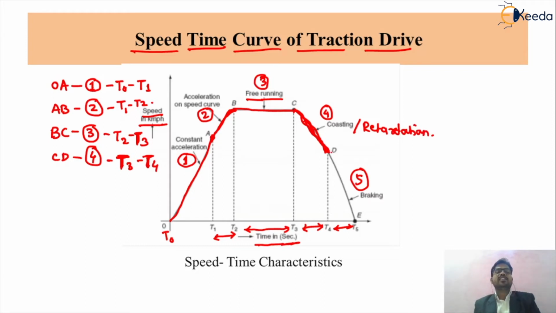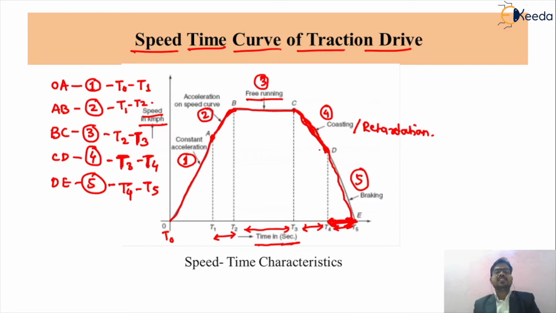Then after that, on the speed time curve, there is another region called DE. DE is the fifth region, which is responsible for the braking of your traction drive, with a time duration from T4 to T5. In this period, the motor gets retarded gradually.